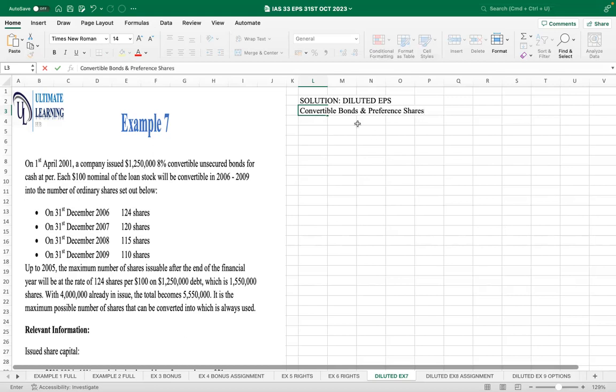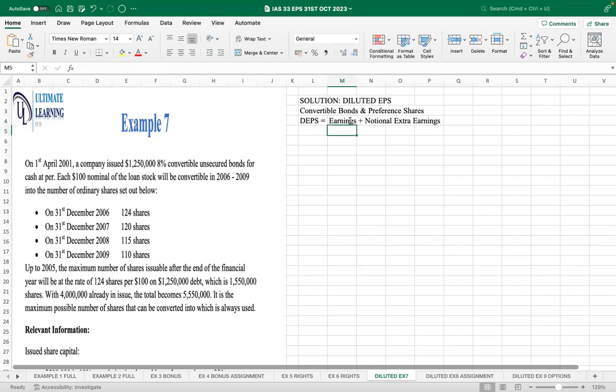To start us off, we have seen that diluted EPS is equal to earnings plus notional extra earnings, divided by the number of shares plus notional extra shares.